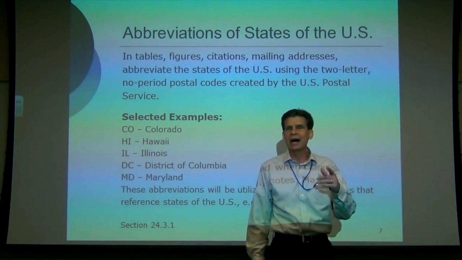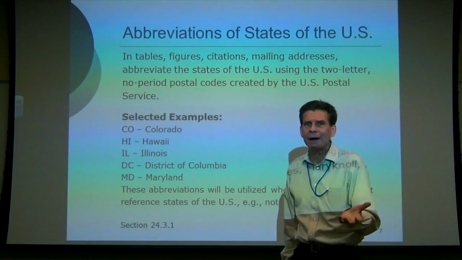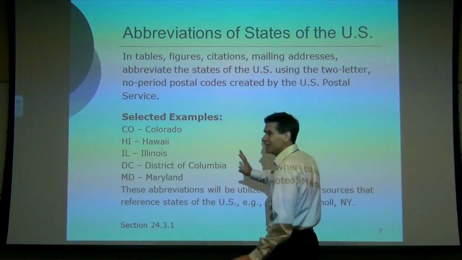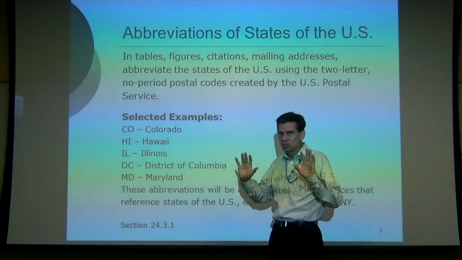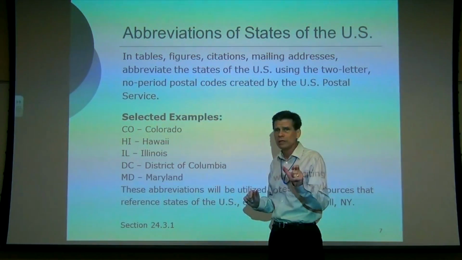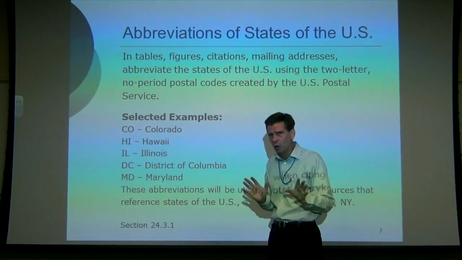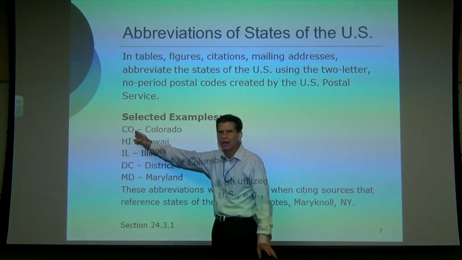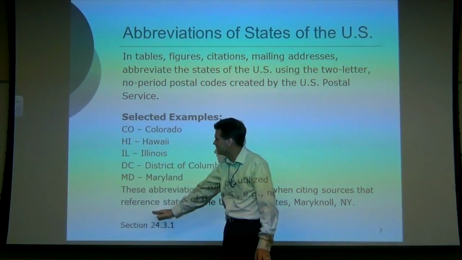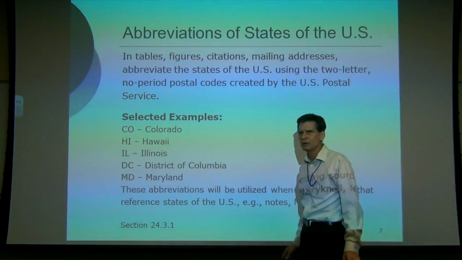For Illinois, you'll see Ill. For Minnesota, Minn. Well, that is not the way of Turabian. Turabian is simply two letters, it's the postal code. Two letters, both capitalized, no periods. So for every state, Colorado, CO, both capitalized, no period. Straight down the line for every single one of these, okay?